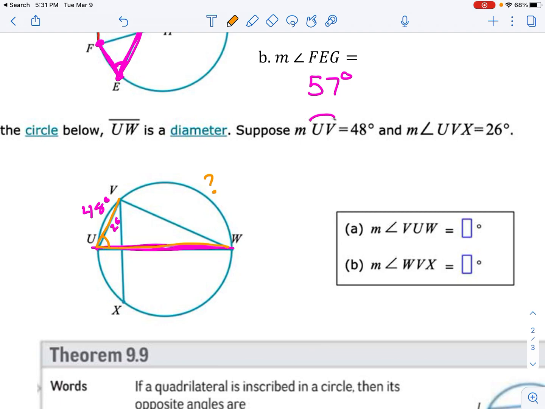The best way to figure that out is to use this 48 degrees and the knowledge that this is a diameter, right? This is basically cutting our circle in half. So if that's a diameter, then everything up there equals 180. So if I take 180 and subtract off 48 degrees, I would get 132, which would be this right here.